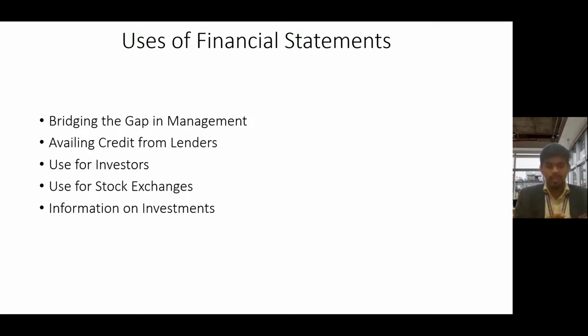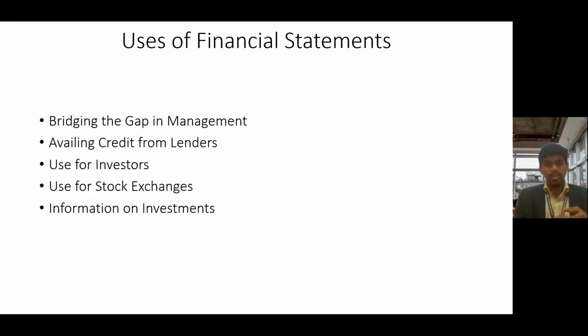If there is any conflict between management and the owners, it will be sorted out by the financial statement. Whatever the conflicts, misunderstandings or gaps there are, they will be resolved by these financial statements. Next is availing credit from lenders.